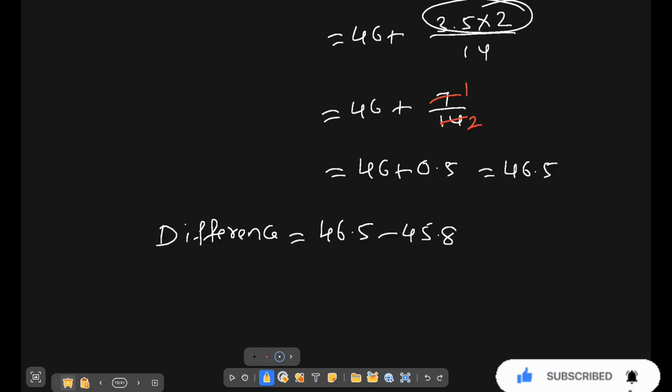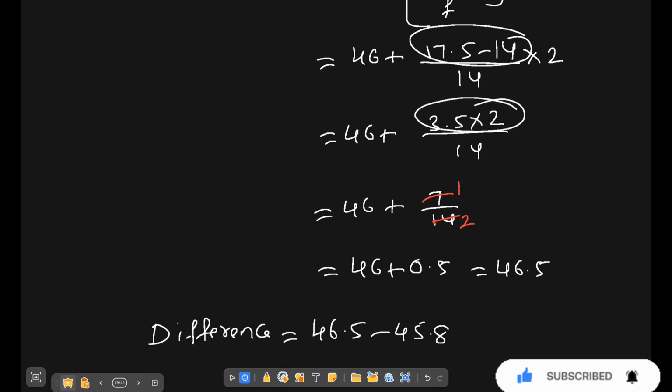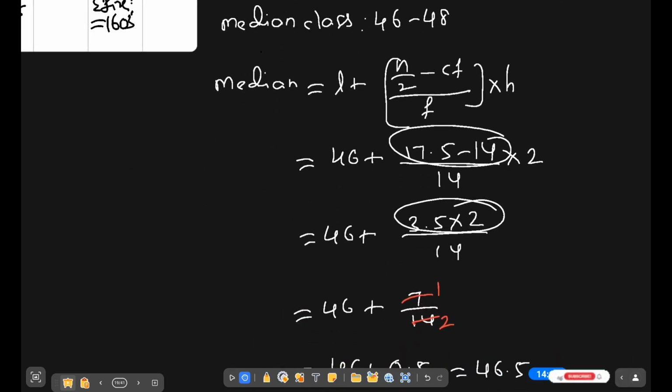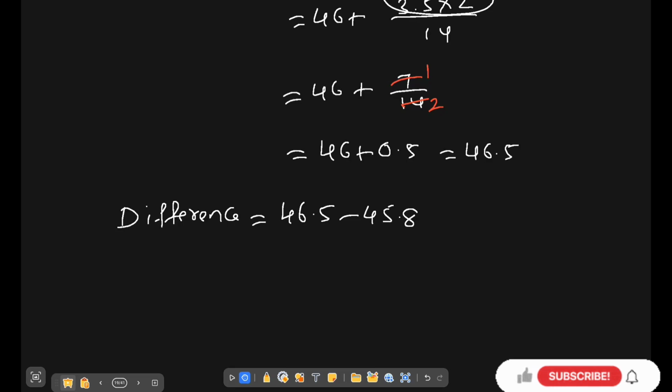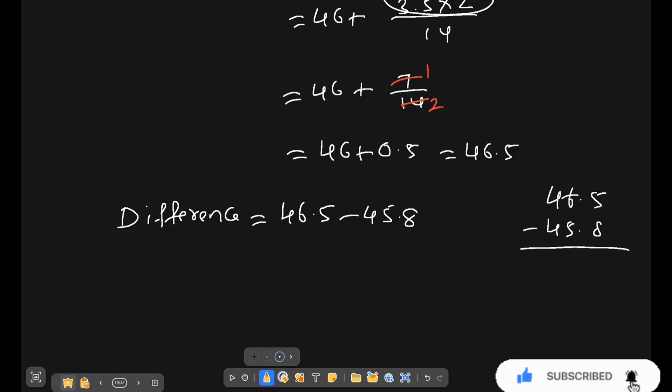The median is 46.5, the mean is 45.8. So what is the difference here? It is 0.7. So this is the solution for this question.